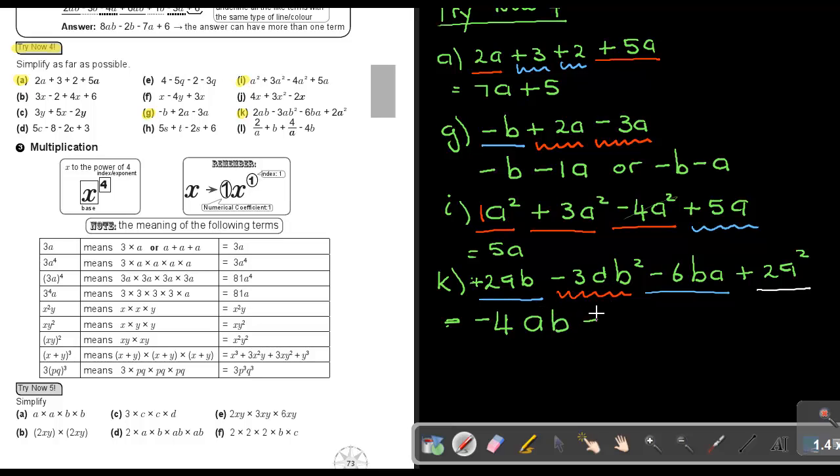I just rewrite it: 3ab squared. What do I do with this one? I just rewrite it: 2a squared. And that will be my final answer. And that will have how many terms? 1, 2, 3 terms. And that's how we add or subtract algebraic expressions.